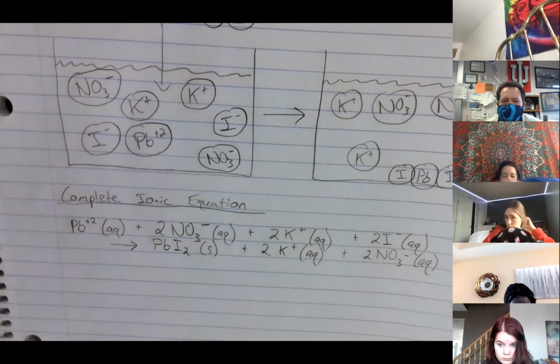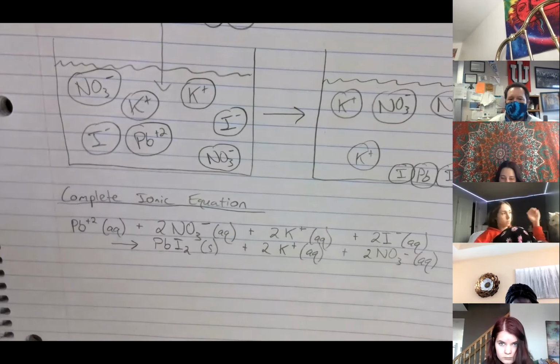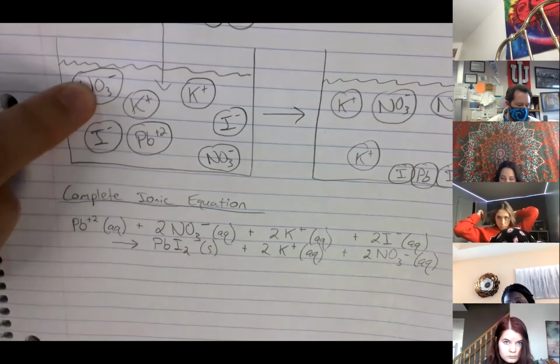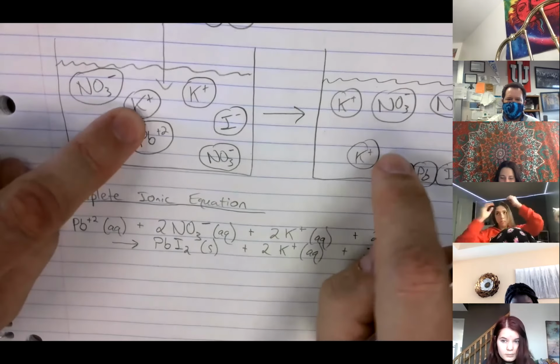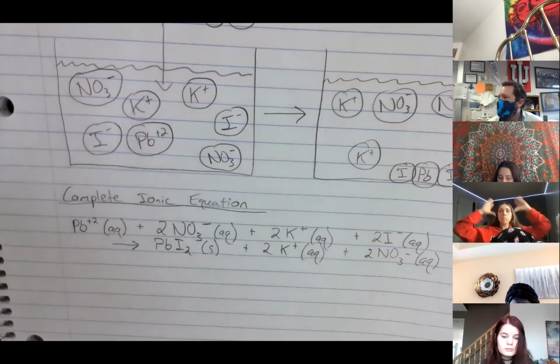So notice my potassiums and my nitrates didn't actually do anything, right? They're ions on this side, they're ions on this side. They didn't really change. They actually weren't really even part of this reaction at all.